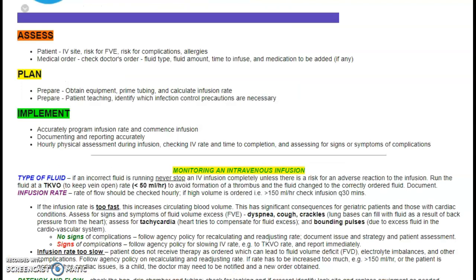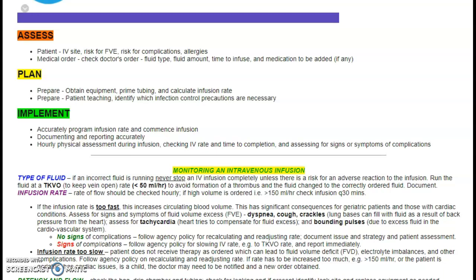There are 3 types of IV fluid: isotonic, hypotonic, and hypertonic. Typical infusions run with isotonic solutions. What are some isotonic solutions? Intravenous solutions can be used for fluid replacement, they can be used for nutrient replacement, and they can be used as volume expanders.